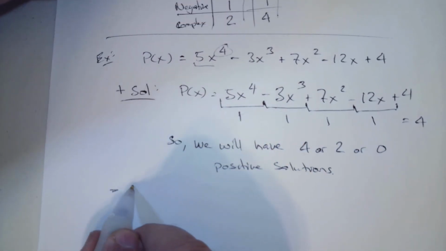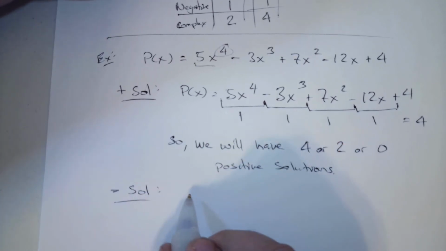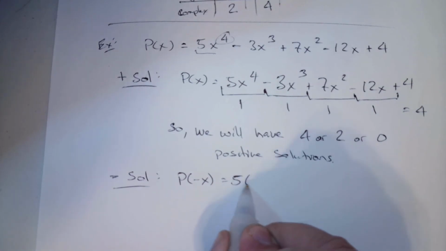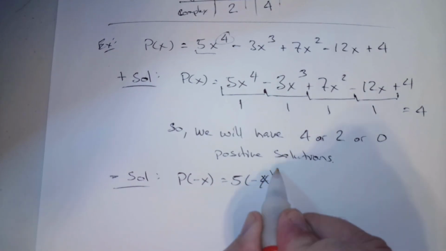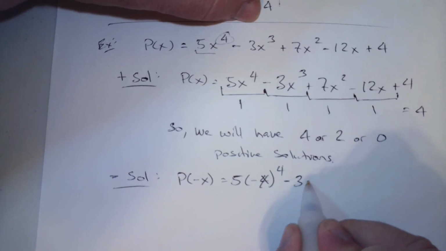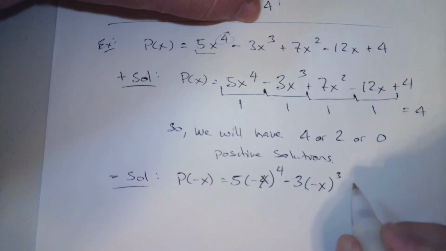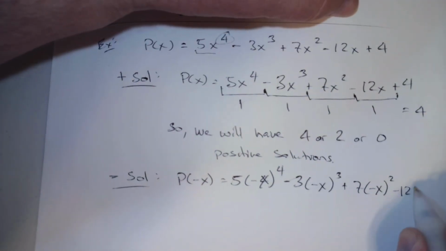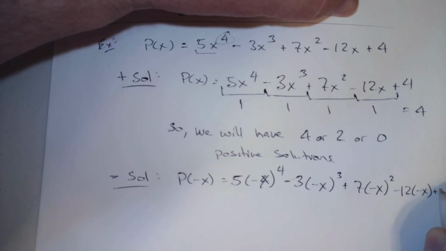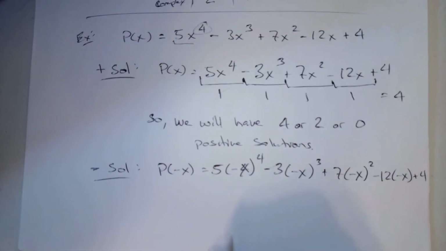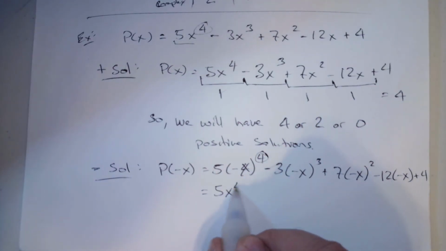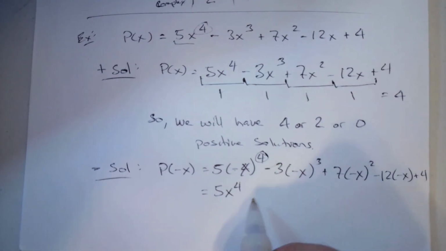How about the negative solutions? For the negative solutions, we have to put negative x in there. Negative x to the 4th minus 3 negative x cubed plus 7 negative x squared minus 12 negative x plus 4. Since that's an even exponent, nothing changes. I just dropped the negative and the parentheses, since it's even.